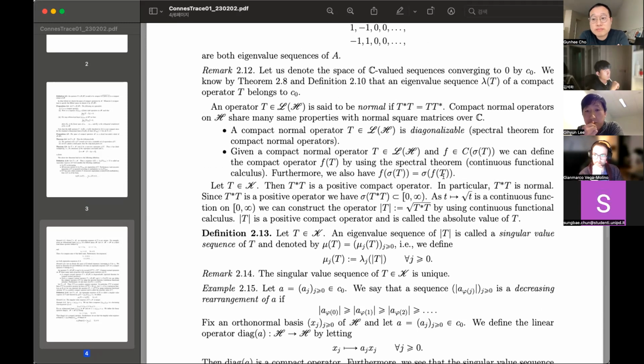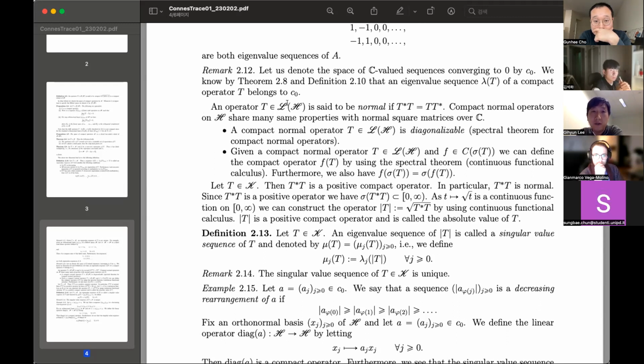Okay, so let me briefly tell you about the notion of the functional calculus, because in order to define the sequence from the given compact operator, which we will use later on, it is necessary to define the notion of the absolute value of the given linear operator.